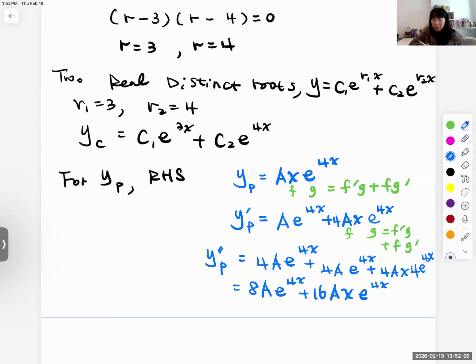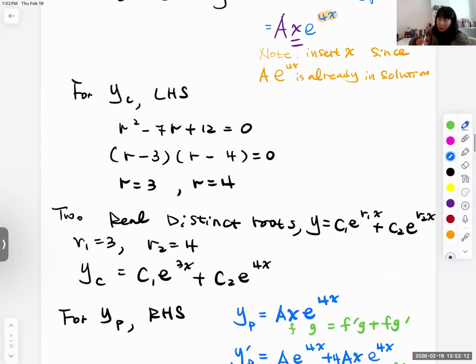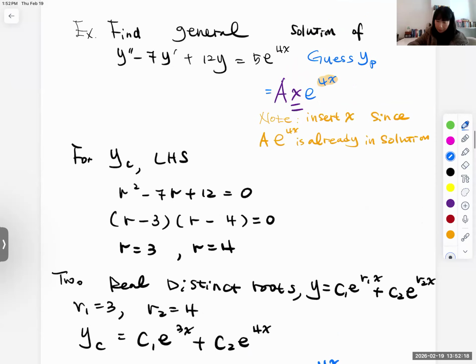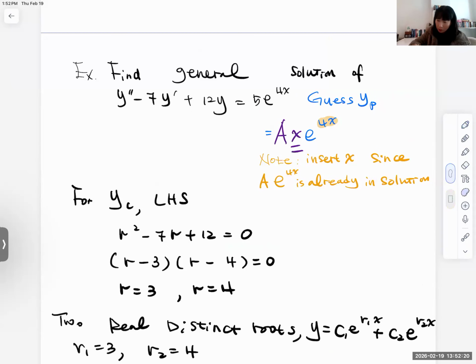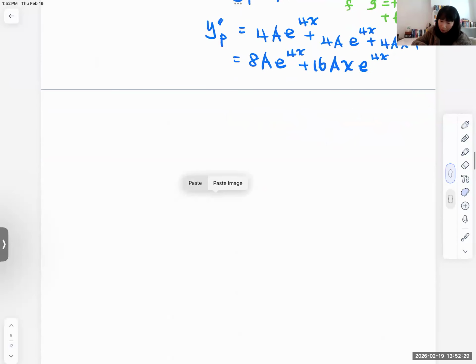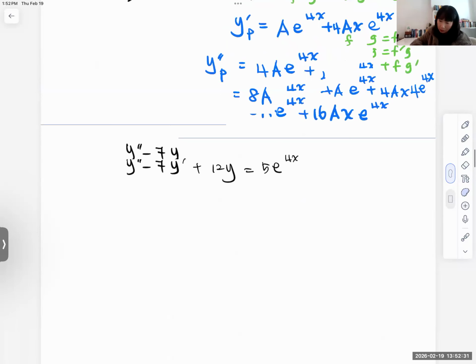Okay, that's double prime. All right, same concept as earlier. So from the original equation, we substitute what is the y second prime, y prime, y, right? Then solve for a.